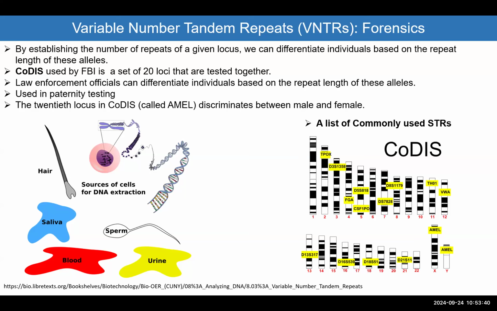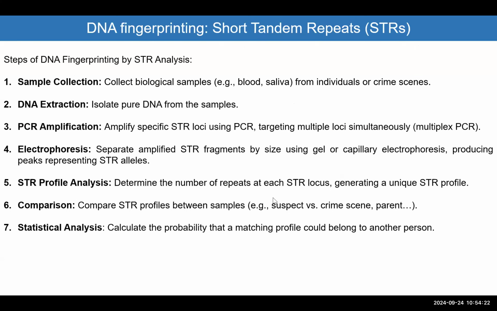So when you put all these together from one person compared to the DNA that you got from wherever, the paternity test or the crime scene, it's almost impossible that these 20 look the same in two different people. And on top of this, you have the AMEL on X and Y that can differentiate between males and females. So after running this test using the combination of 20 probes, it's almost impossible that two people have the exact same VNTR or STR.